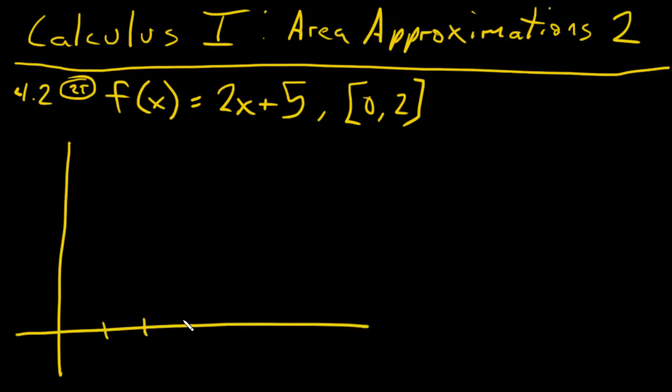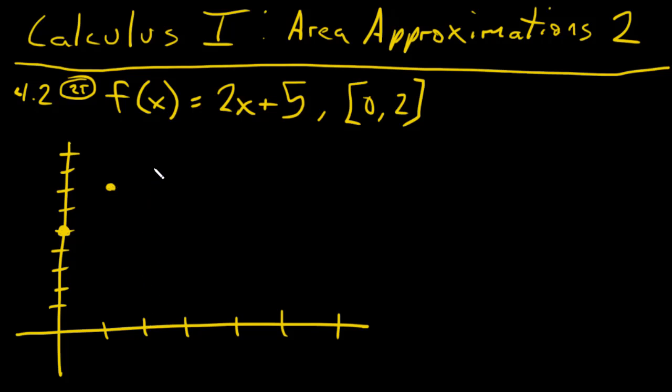So 1, 2, 3, 4, 5, 6, and not going to be to scale, 2, 3, 4, 5, 6, 7, 8, 9. Alrighty, it hits at 0, 5, because that's the y-intercept, right? And then it has a slope of 2, so up 2 over 1. Like I said, this is not what it actually looks like.